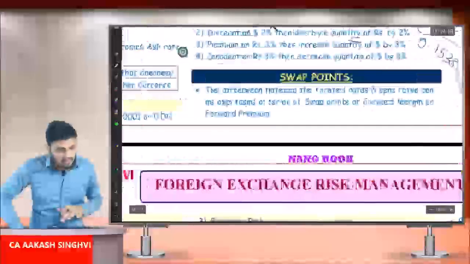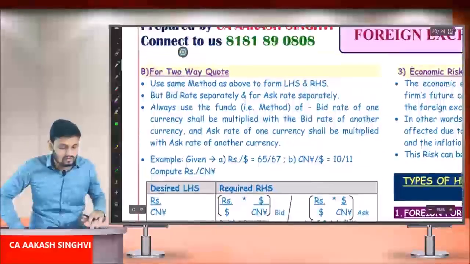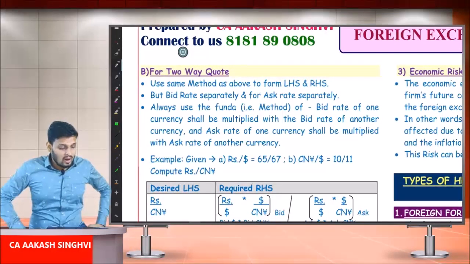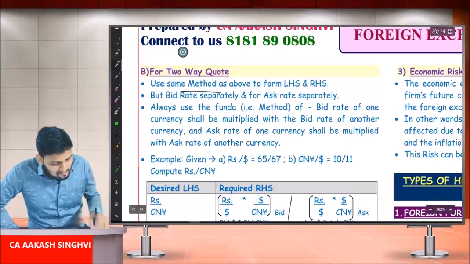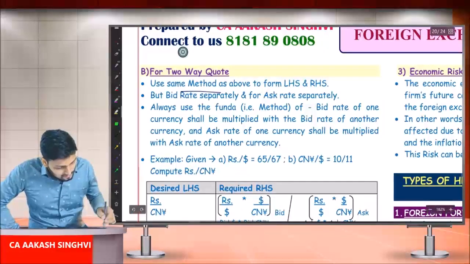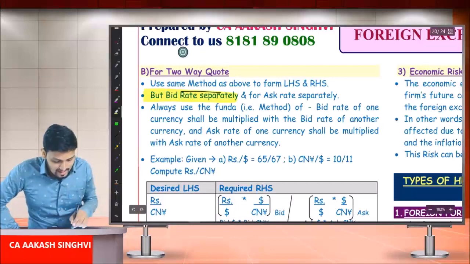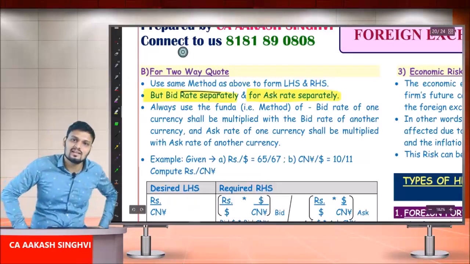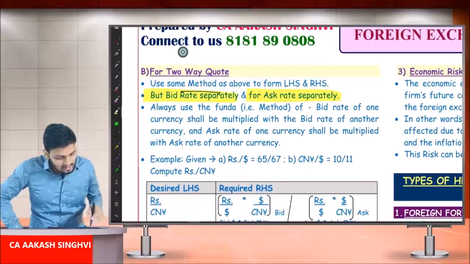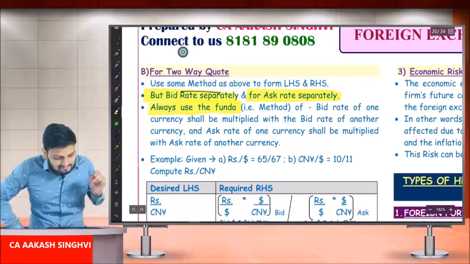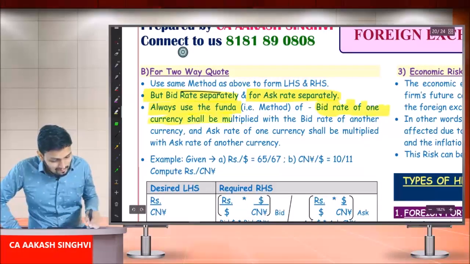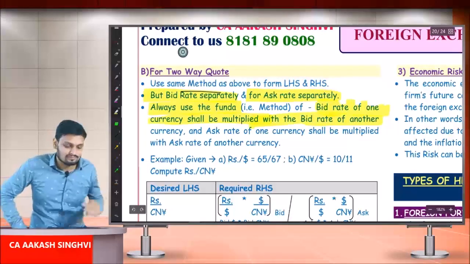Now let us jump into the two-way quote cross rates. For two-way quotes, use the same method as above to form LHS and RHS, but bid rate separately and ask rate separately. That is the only thing which is different here. You always use the method that the bid rate of one currency shall be multiplied with the bid rate of another currency.